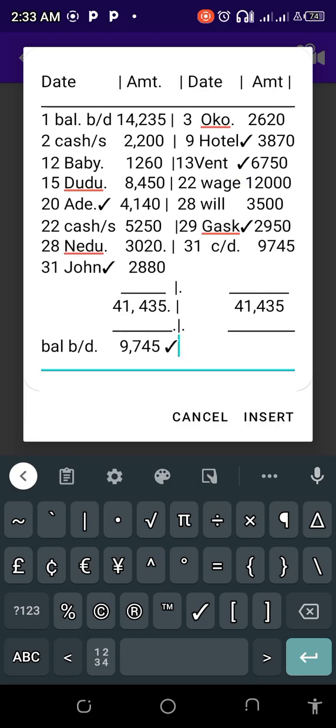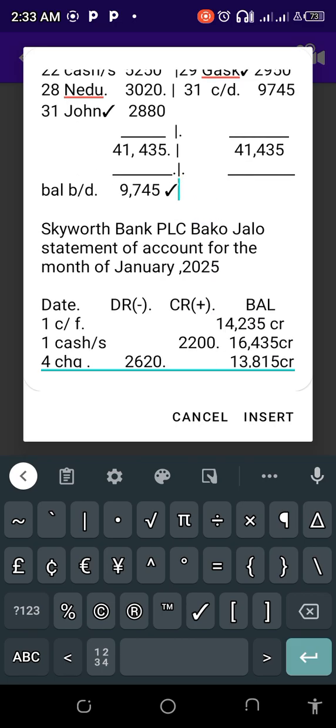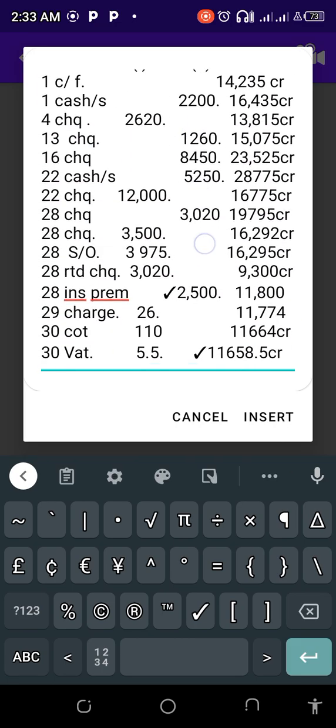You do not see the commission on turnover. You did not see bank charge. We did not see VAT on commission on turnover. So all these items that are not found on the credit side of the cash book and are present on the debit side of the bank statement are direct debits. So how many direct debits have we gotten now?